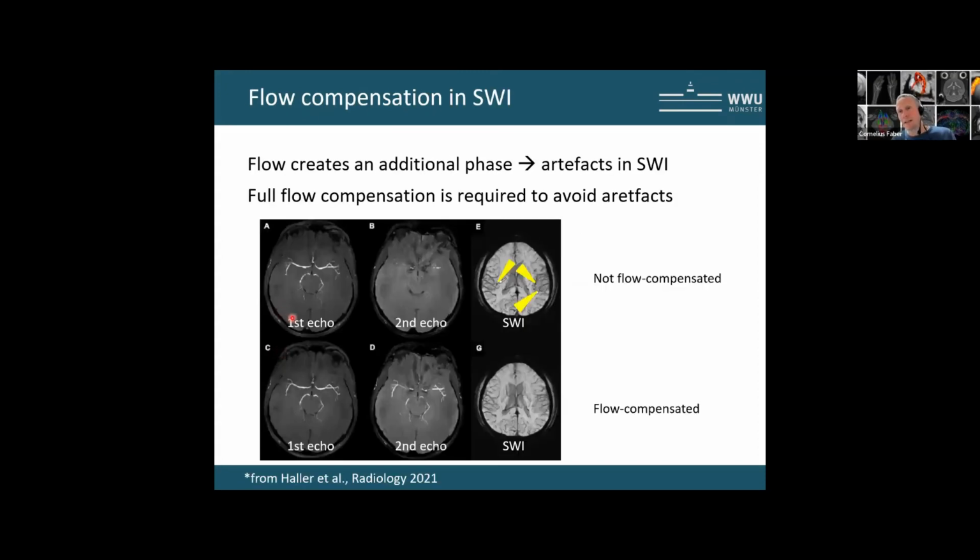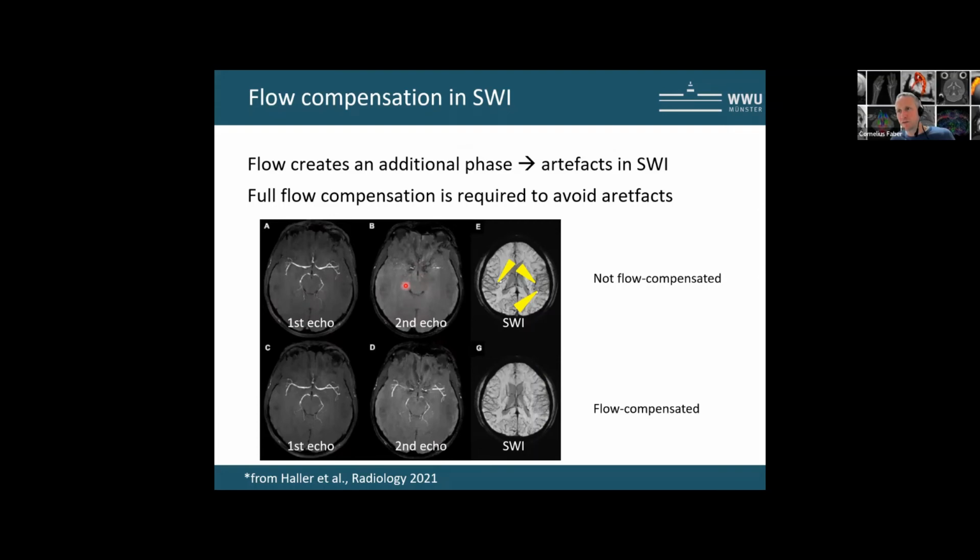One important thing, if you do that, is that you should use flow compensation. You've probably heard that flow creates an additional phase. Now, if we make a phase image and we have a phase that's coming from the flow, then this will create artifacts in the SWI. And here we have, I think, data from a Siemens scanner. Here we have a multi-gradient echo, first echo, second echo.